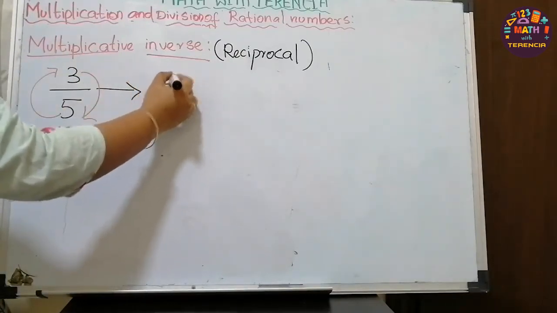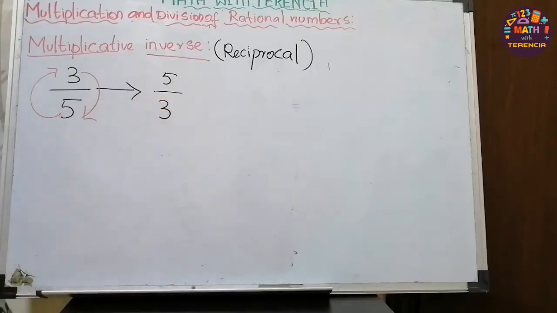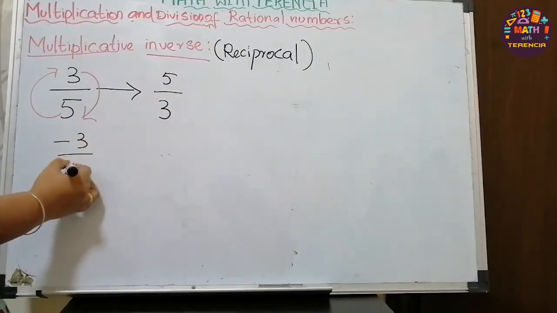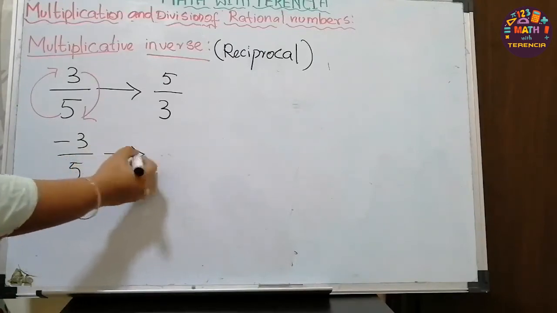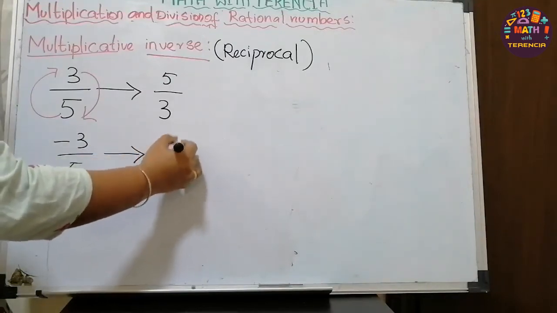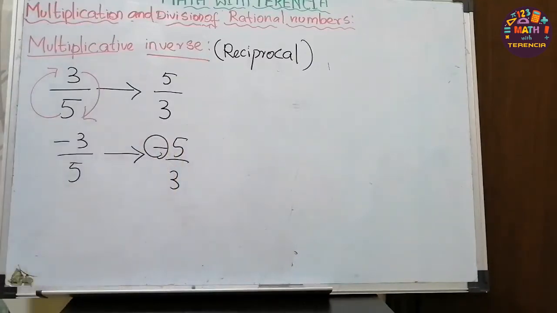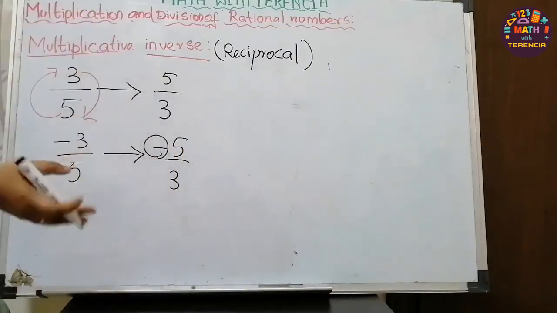The reciprocal of 3 by 5 is 5 by 3. The multiplicative inverse of minus 3 by 5 is also minus 5 by 3. The negative sign does not change, only the numerator and the denominator change.